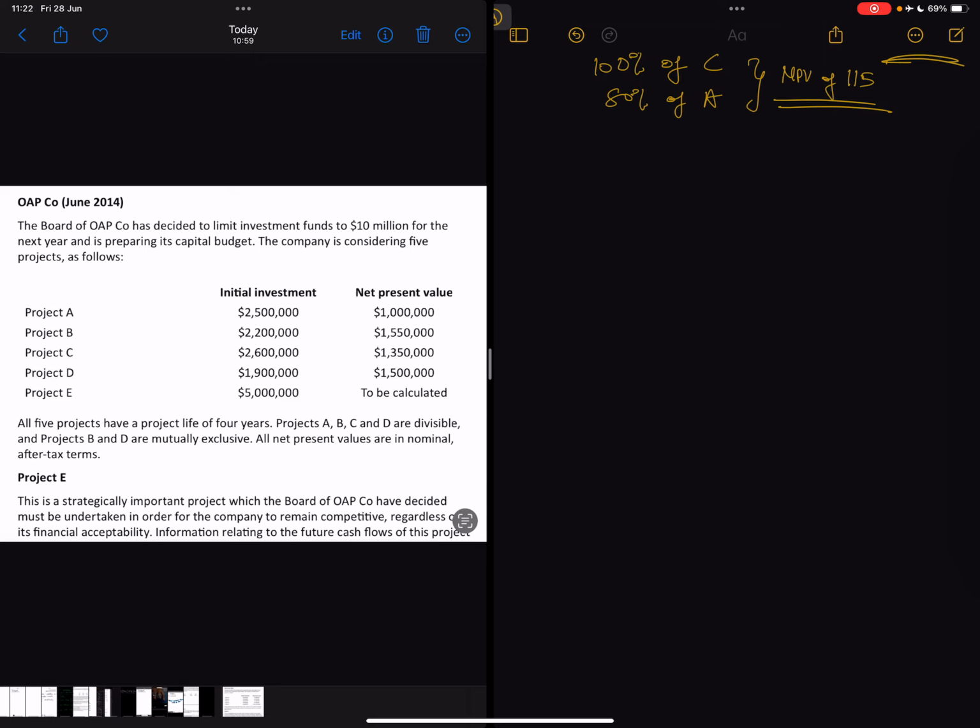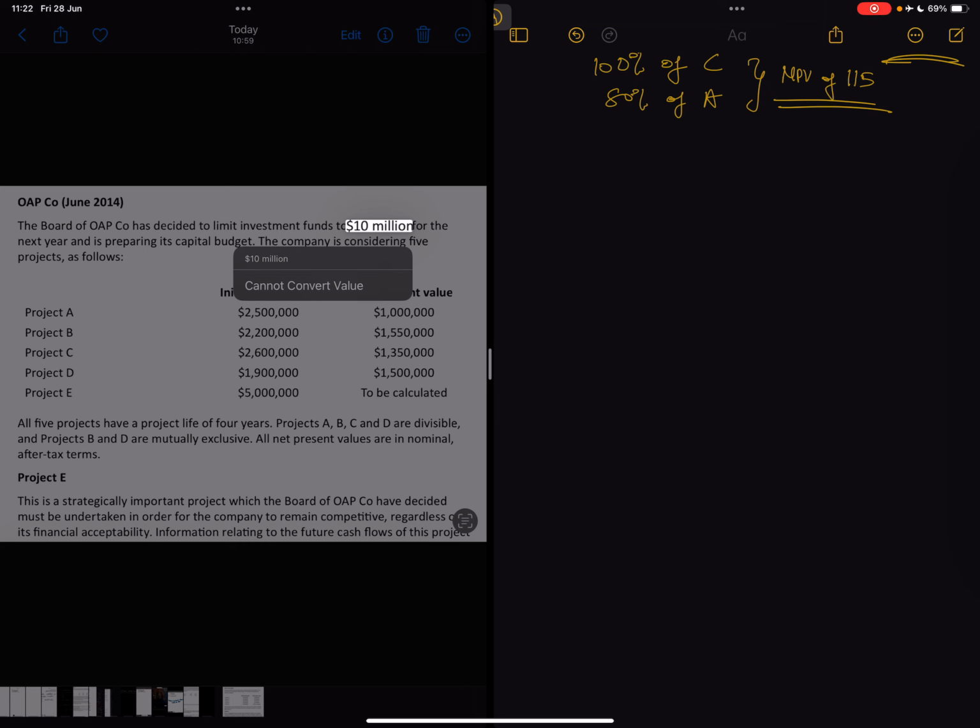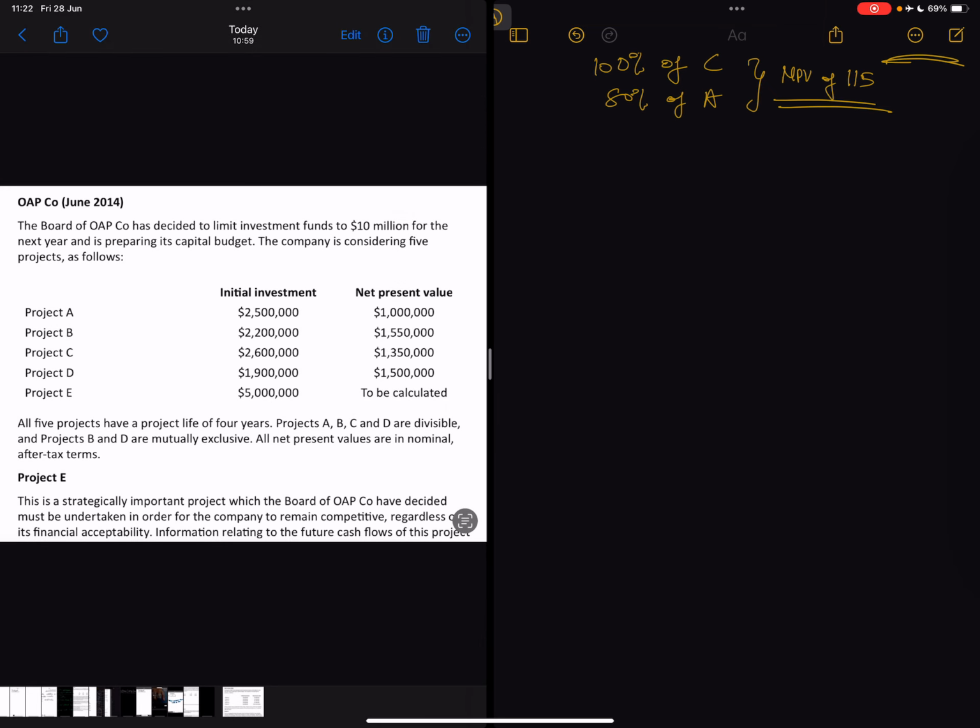The question is, only 10 million is available. How do you think OAP should use that 10 million in the best possible way to maximize NPV? That is what we want to calculate. The capital available is just $10 million.